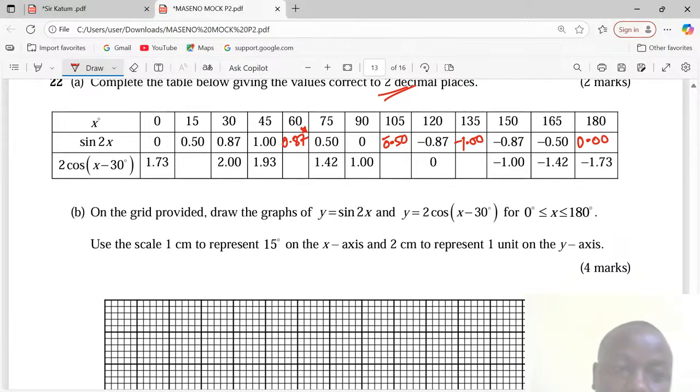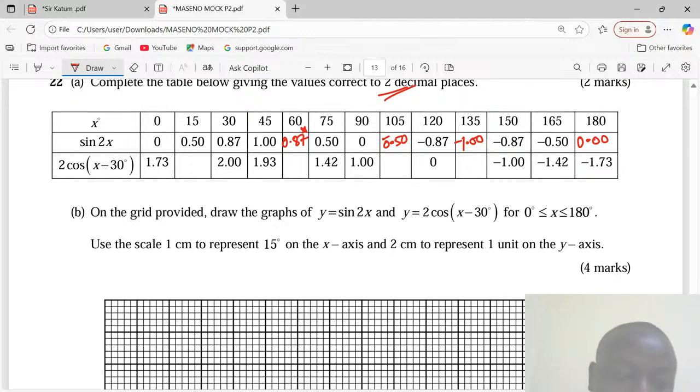The next one, 2 multiplied by the sine of x minus 30. Hmm, we are supposed to know that in the first case, we are having 0 minus 30. Then we do the cosine of this, 2 cos of this value, which is positive 1.73. Then we proceed.